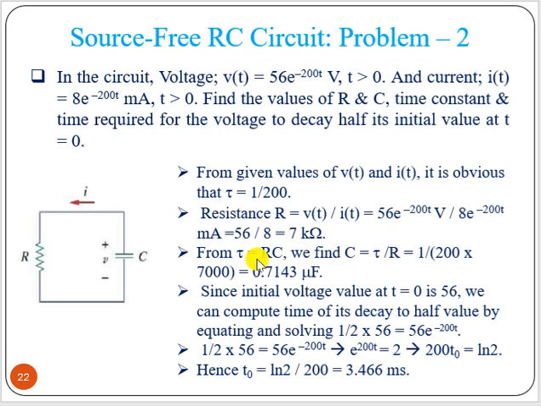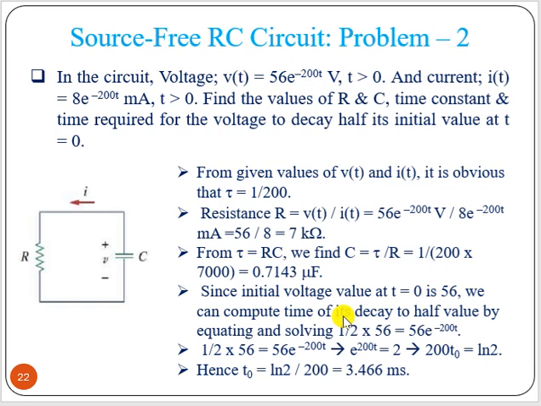So from tau we got R, so we can find out C, which is tau by R. It is 1 by 200 into 7000. So we got the value of C. The initial voltage at t equal to 0 is 56. So 56 is the initial voltage, which we can find from the given data.